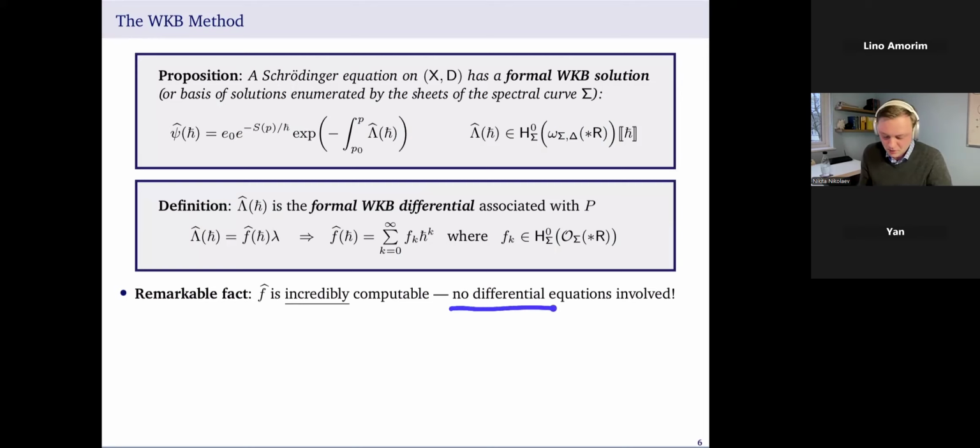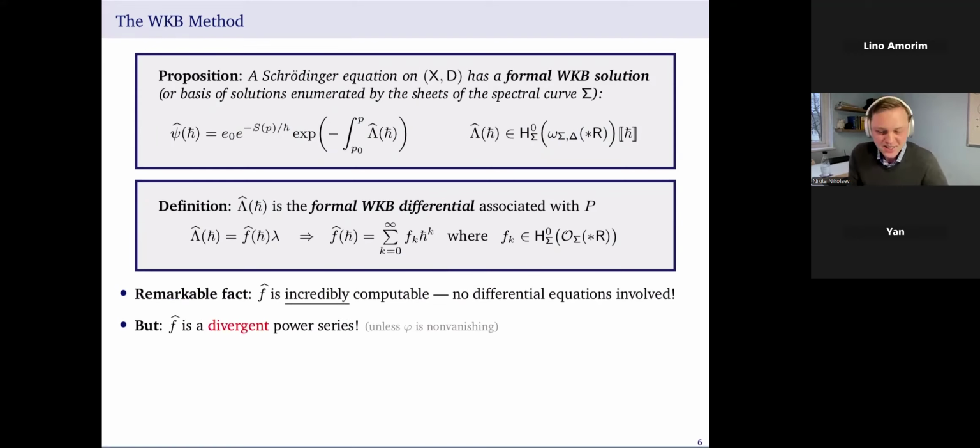To compute what seems to be essentially a closed form solution to a Schrödinger equation, at no point do you actually have to solve a differential equation. That is a remarkable property. But that comes at a price, as it always does, which is that although you can compute it very explicitly by hand, this power series f hat is divergent. Pretty much always.